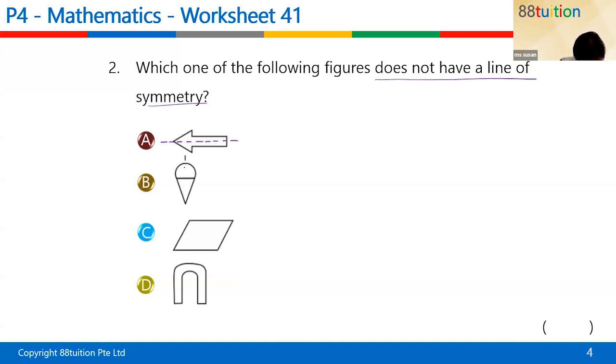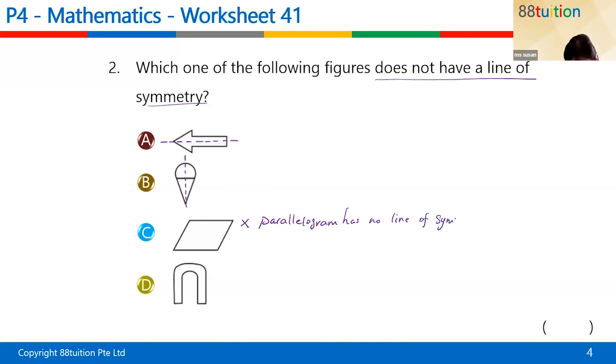For this ice cream cone, cut it into two. Number 3, do you think number 3 can or cannot? Remember, a parallelogram has no line of symmetry.